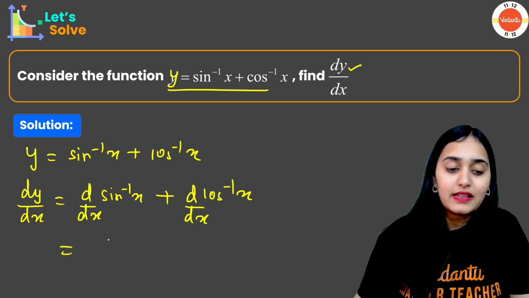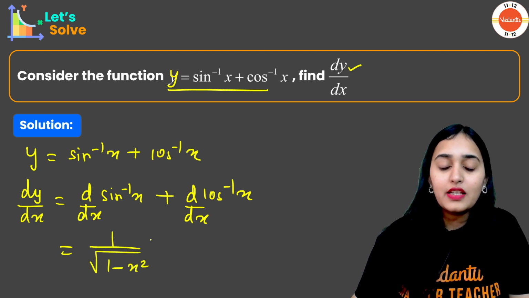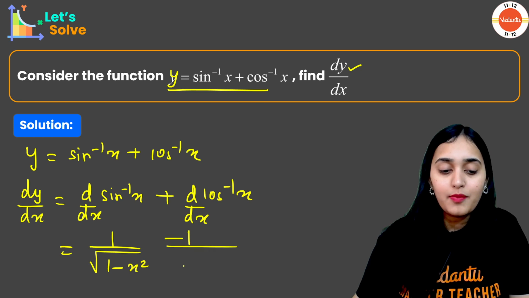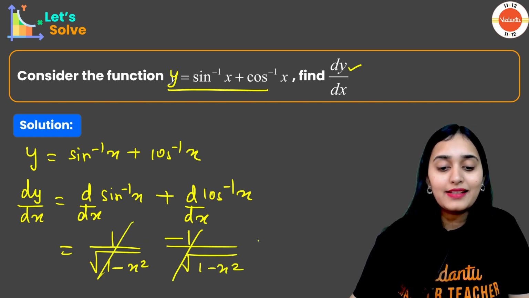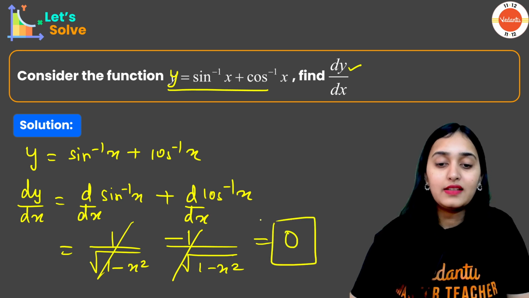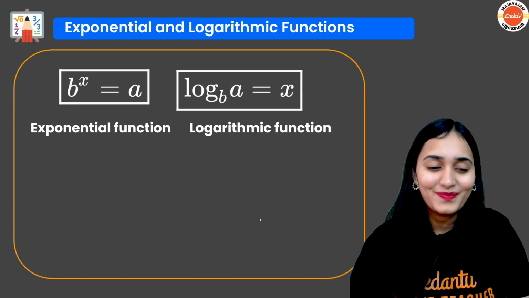Now, sine inverse x differentiation is 1 upon root over 1 minus x square. Cos inverse x differentiation is minus 1 upon root over 1 minus x square. Now, these two are same, cancel, equals 0. This is your answer. Okay.